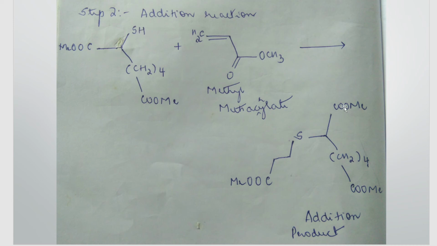This whole part is written on the other side, everything as such. Only the hydrogen here has been replaced, and you get an addition product, where it has been replaced by the CH2CH2COO group. On treatment with methyl methacrylate, I add that to the sulfur, and the hydrogen here has been replaced by this particular group. That is step number 2.